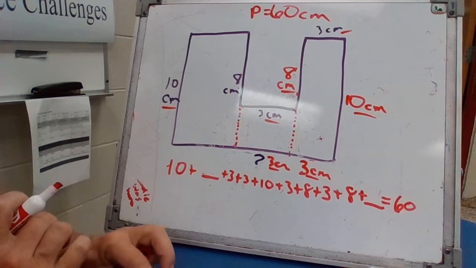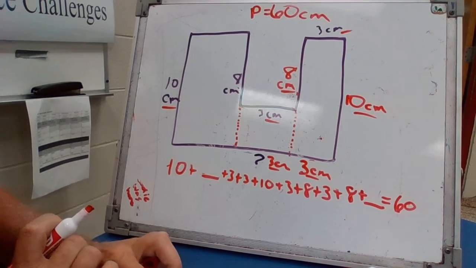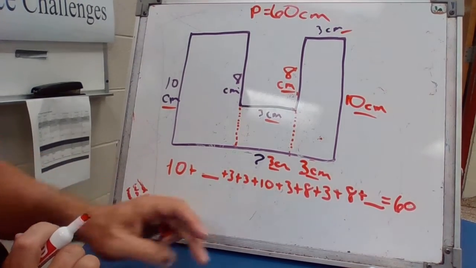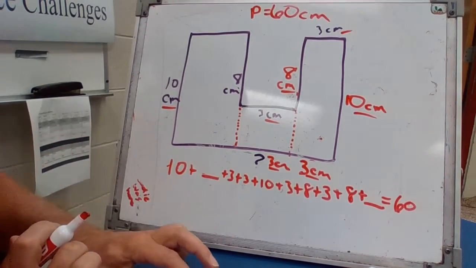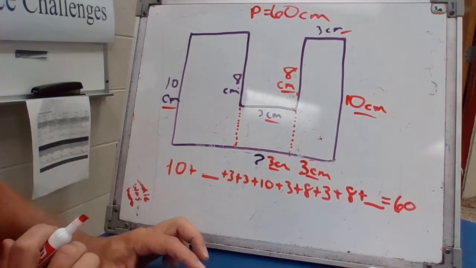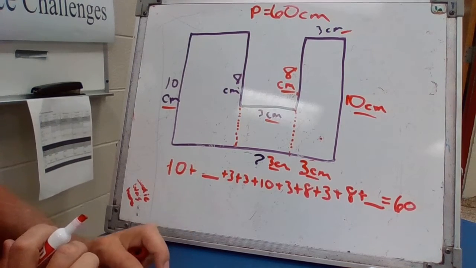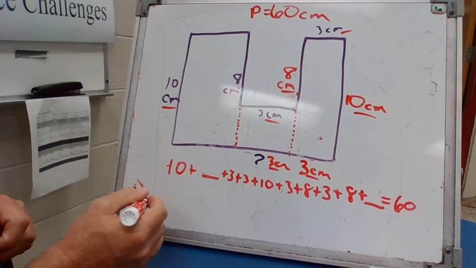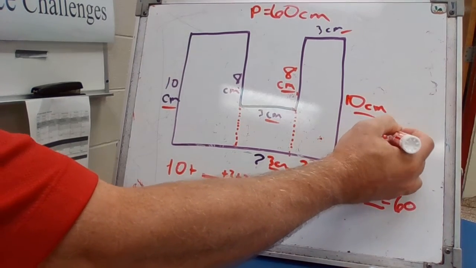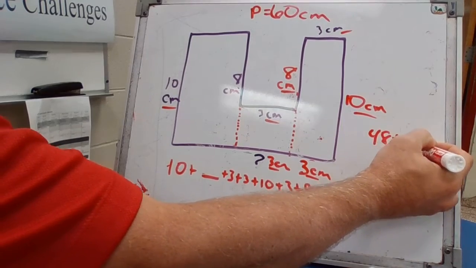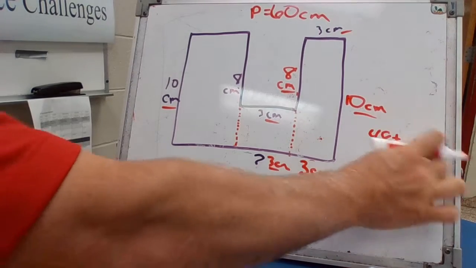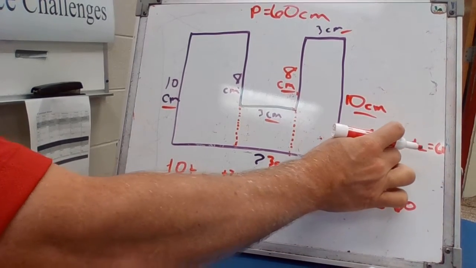We have 10 plus 3 plus 3 plus 10 plus 3 plus 8 plus 3 plus 8. So all this equals 48. So 48 plus something equals 60. We know that it's 12. The answer is 12 plus 48, 60.